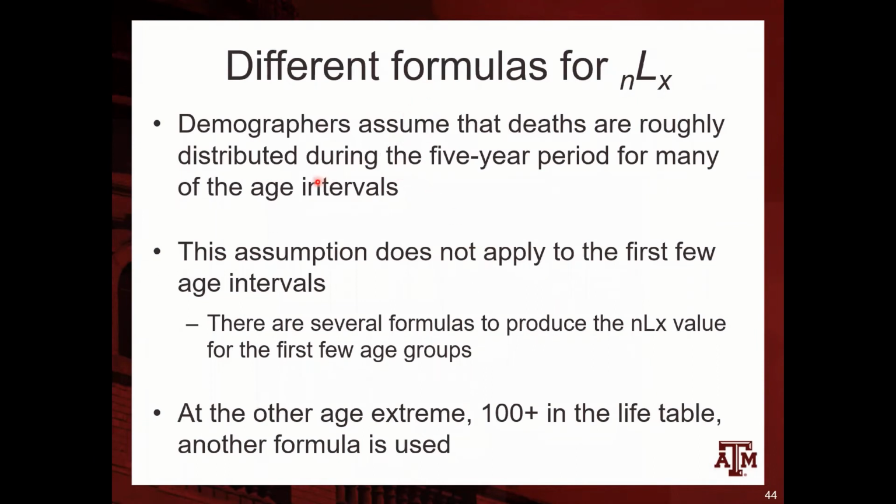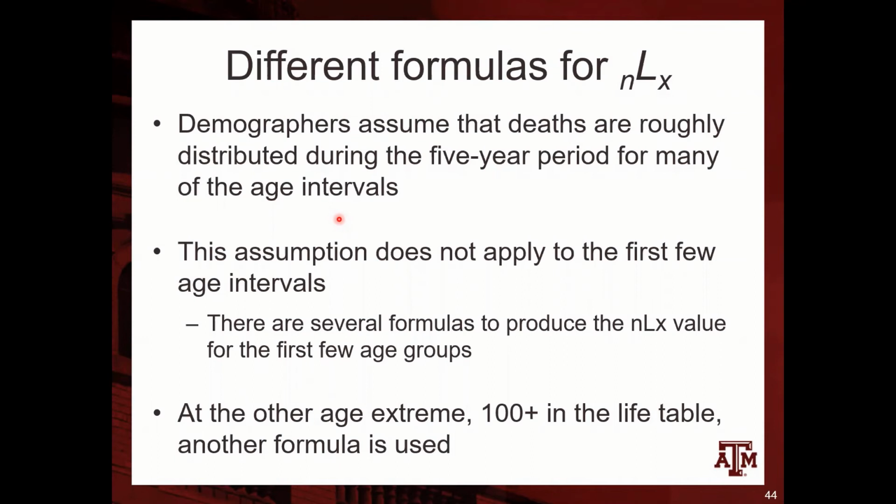And there are different formulas for the big L column. Demographers usually assume that deaths are roughly evenly distributed during the 5-year period for many of the age intervals. So usually for age intervals like 20 to 24, we assume that people die with the same chances from 20 to 24.